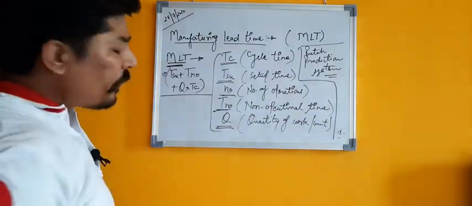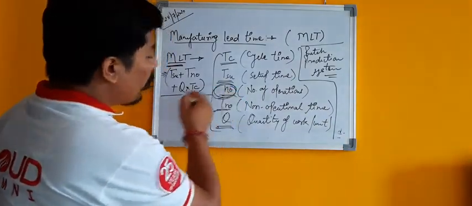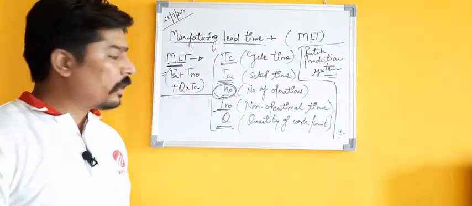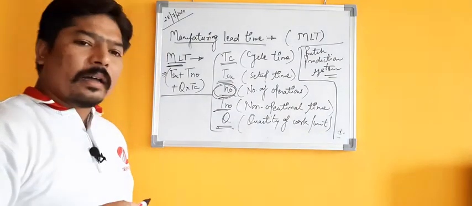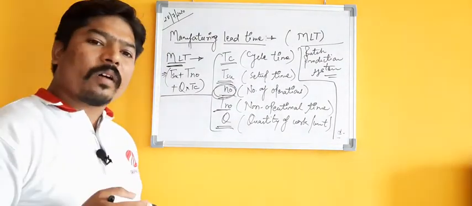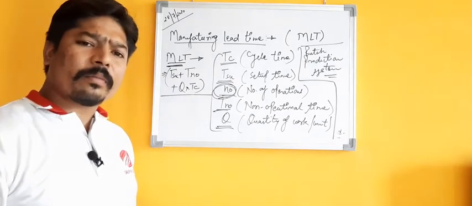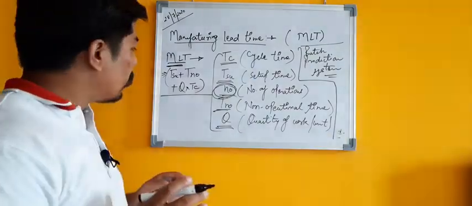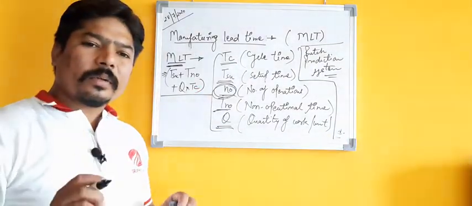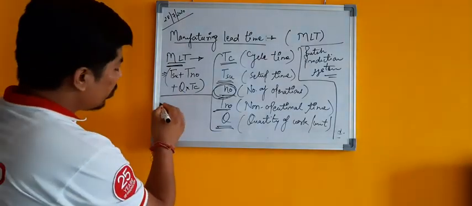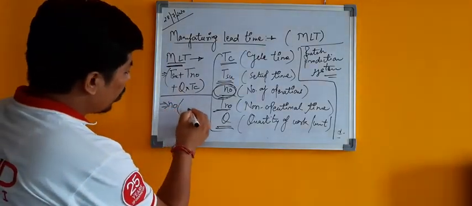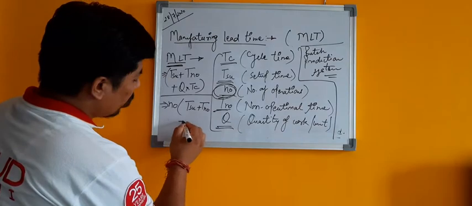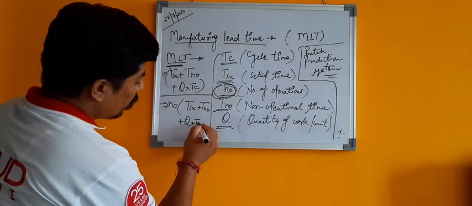If we talk about different components or parts in any manufacturing or production system, and the number of operations NO is the same for different components, maybe parts which belong to the same family or same group technology, then the manufacturing lead time will be equal to NO into TSU plus TNO plus Q into TC.